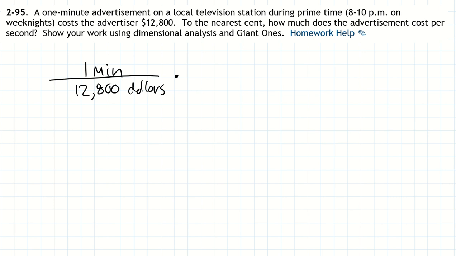And I'm just going to introduce the giant one to eliminate minutes. So I'm going to put minutes in my denominator, and I'm going to put seconds in the numerator. And that does not equal 1, right? A second is not the same thing as a minute. However, 60 seconds is exactly the same amount of time as 1 minute. So you can see I've now got a 1 that I'm multiplying by.